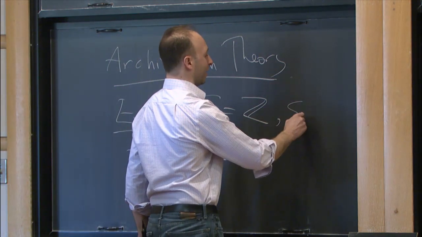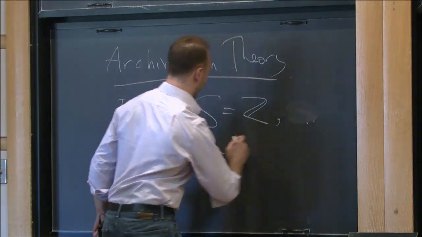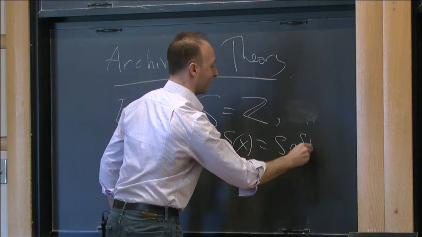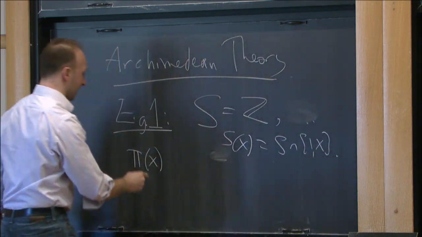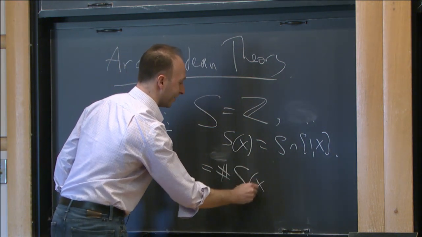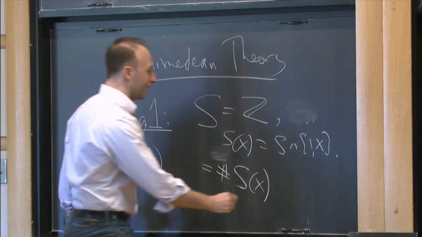So let me give a definition. S of x, let's see, can you see all the way over there? S of x is S intersect the first x integers. So how many primes are there? Well, it's just the number of elements in S of x. That's the crudest estimate you have, but then you want to throw away the evens.